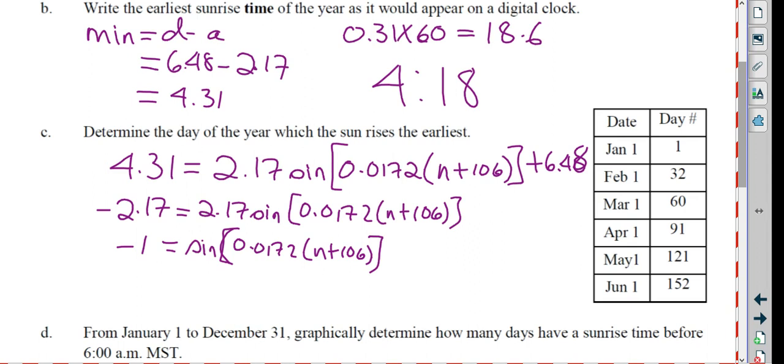Sine inverse. Yeah. So we're going to sine inverse both sides, right? And what is the inverse sine of negative 1?